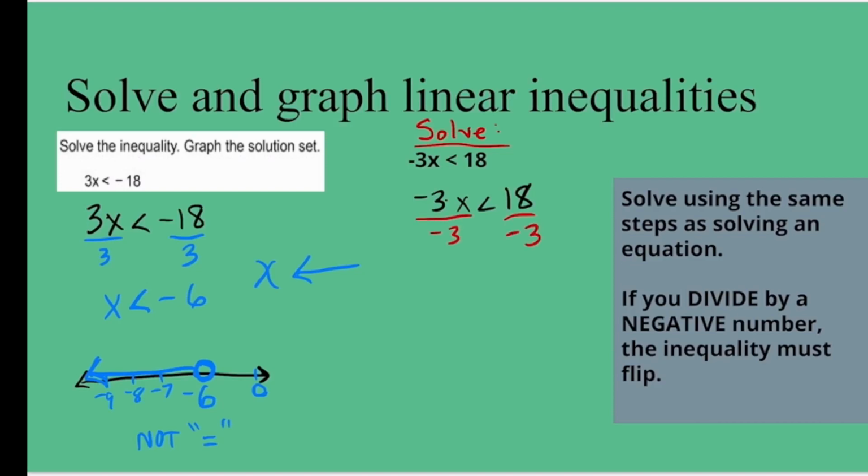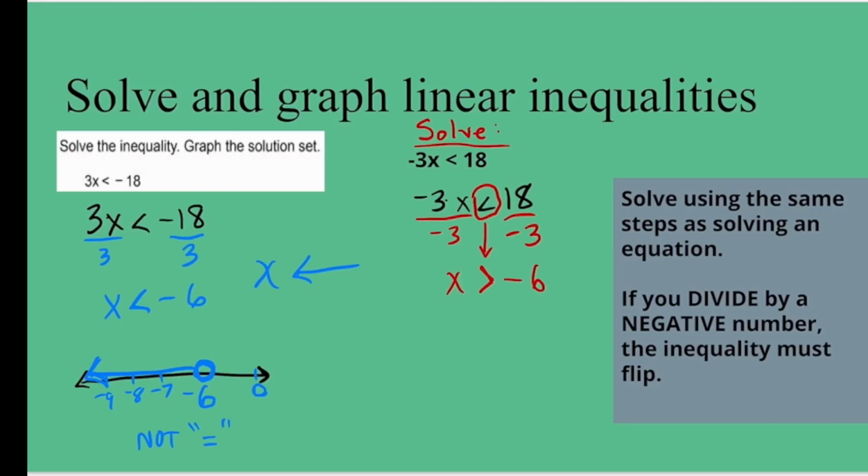There's a fancy rule: if you divide by a negative number, the inequality must flip. What I like to do is circle this inequality so that I know it's going to happen and change it now before I do any other work. Negative 3 divided by negative 3 gives me 1, and now x is greater than negative 6. That is my solution. When I graph it, that's what I'm going to get.